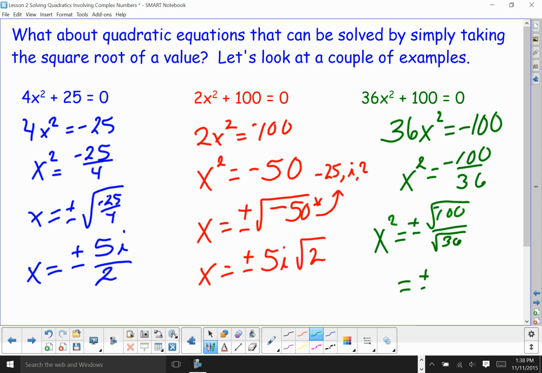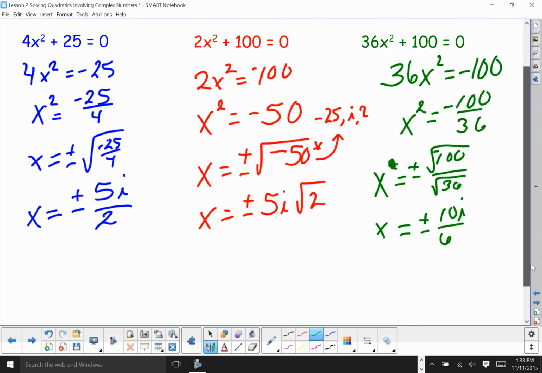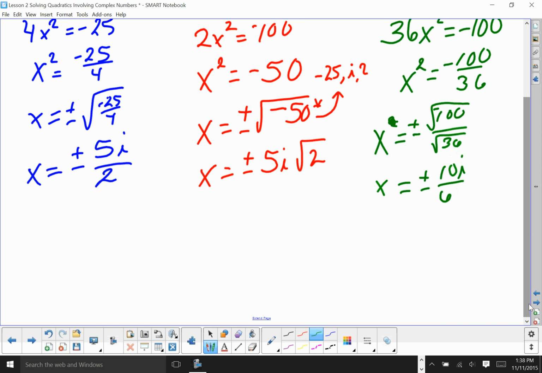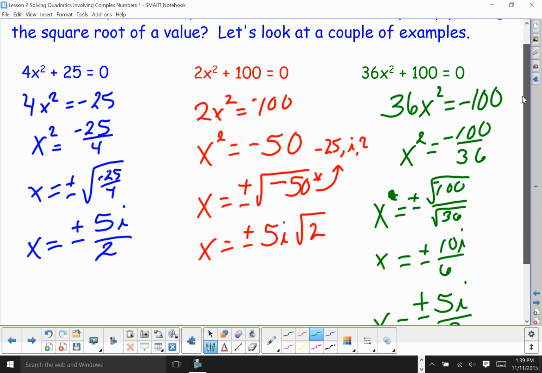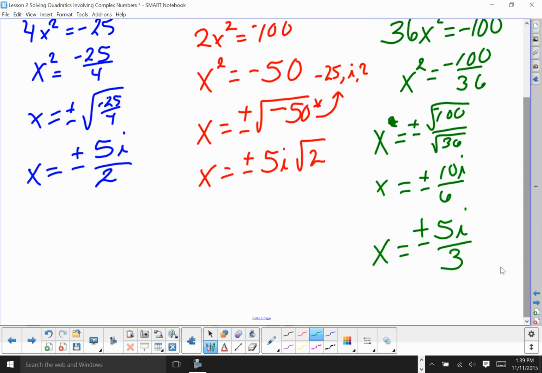This is equal to plus or minus 10i over 6. Can you do anything else? Sure you can. You can reduce that fraction. In this case, x is equal to plus or minus 5i over 3. Don't forget to reduce fractions all the way. Okay, those were 3 different examples where you could simply use square roots, not the quadratic formula.